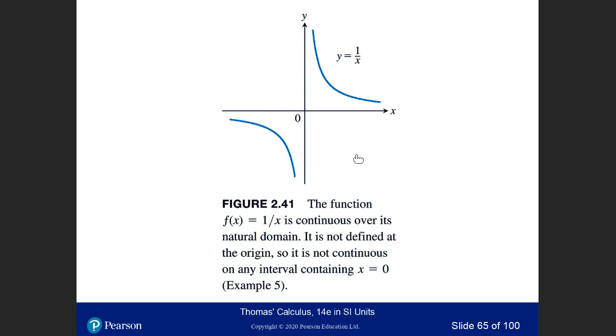So there is no limit at 0. However, this function is continuous throughout its domain because its domain does not include 0. Its domain is (−∞, 0) union (0, ∞). These are open intervals. It's continuous throughout its domain, but it's discontinuous at 0.